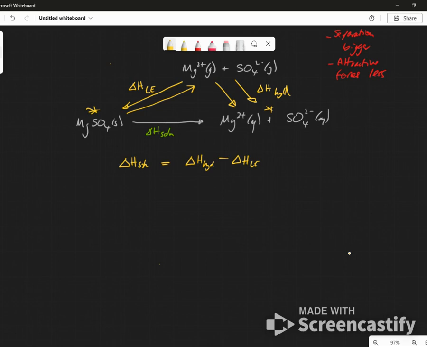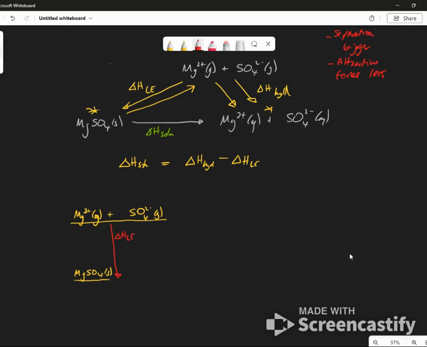Right, now, what am I going to do? I'm going to do my magnesium ions here, gas, plus my sulfate ions, gas. There's my ions. And down here, I'm going to draw magnesium sulfate, solid. Now, let's have a look at this. Going from here to here is the lattice energy.